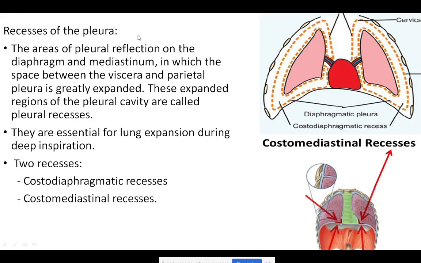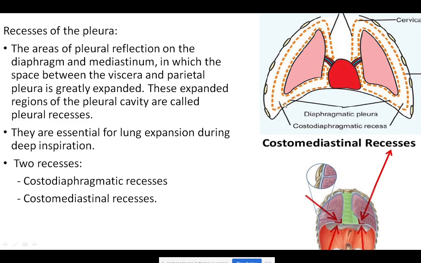The recesses of the pleura. You see the pleural reflection at this area, the pleural reflection on the diaphragm and mediastinum.